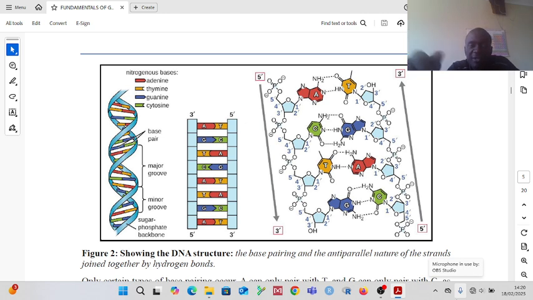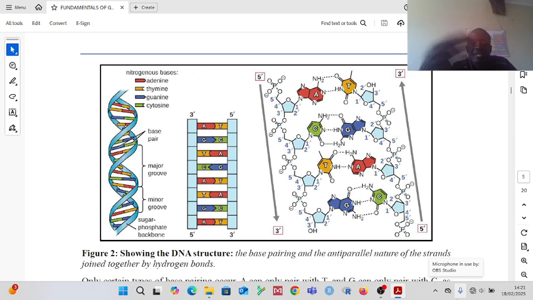So whenever you have a single strand that has A, G, T, C, A, T, G, A, you can create the complementary strand through the principle of complementary base pairing. So what is the complementary base pair for A? That is T. The complementary base pair for G is C. Okay, so on the complementary strand, you put there a complementary base pair.